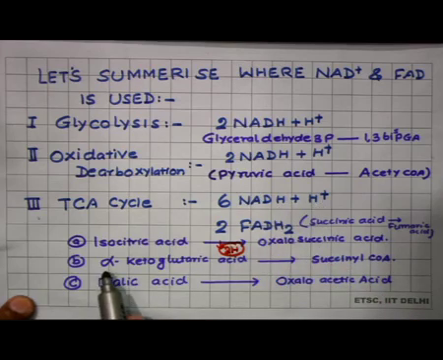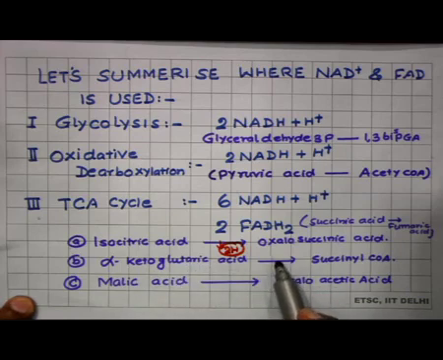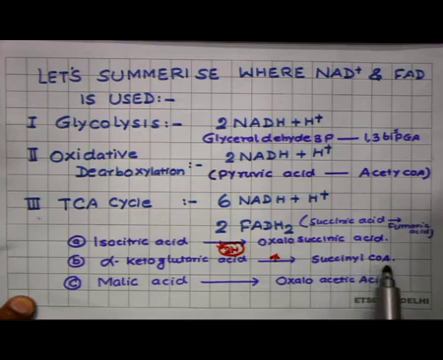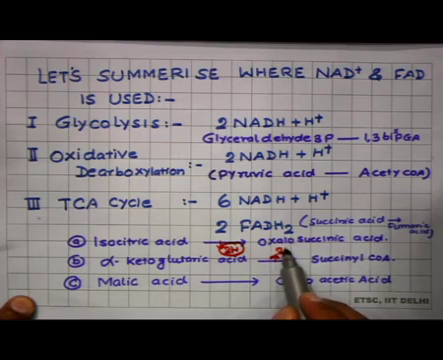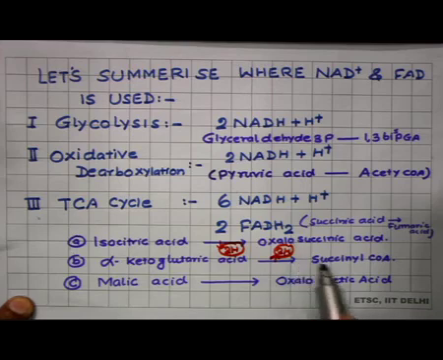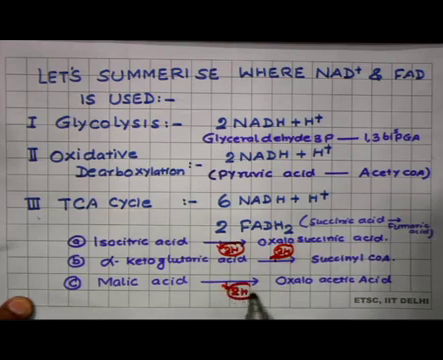Next, alpha ketoglutaric acid when it forms succinyl coenzyme A, 2 hydrogens are also released, accepted by NAD plus to form NADH plus H plus. And last, malic acid when it changes into oxaloacetic acid also releases 2 hydrogens, which are accepted by NAD plus to form NADH plus H plus.